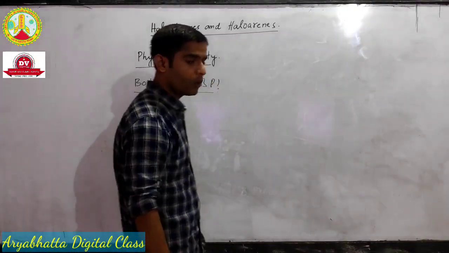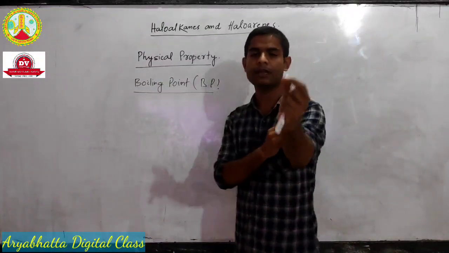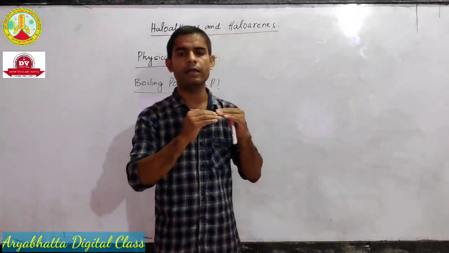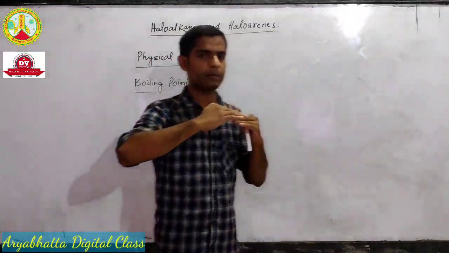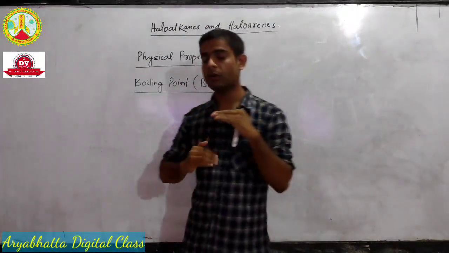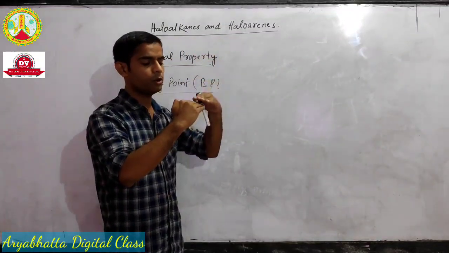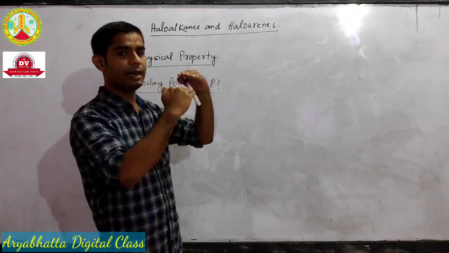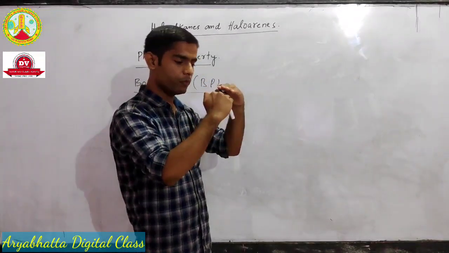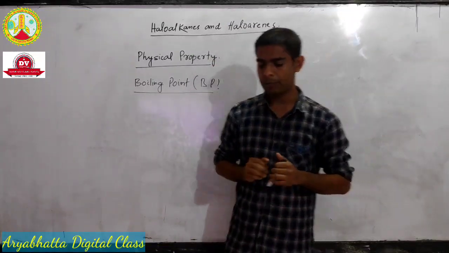You all know what boiling point is. Boiling point is the particular temperature at which the vapor pressure of the liquid is equal to the atmospheric pressure. In terms of physics, the temperature at which we get this balance is called the boiling point.